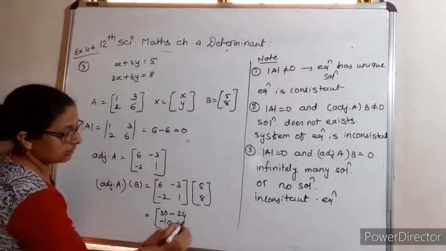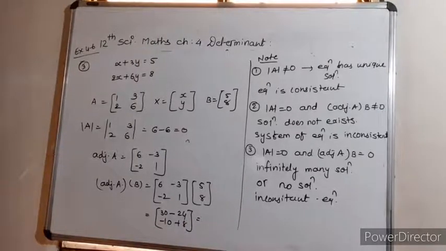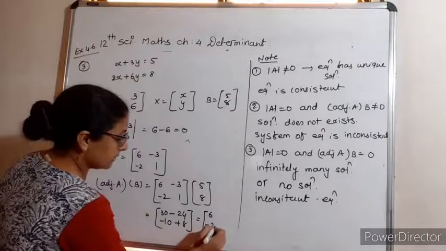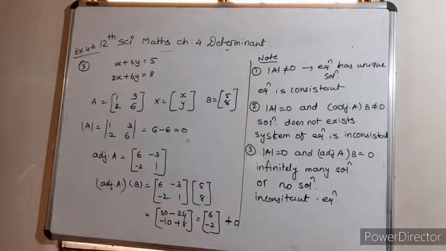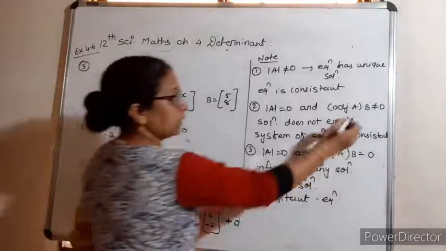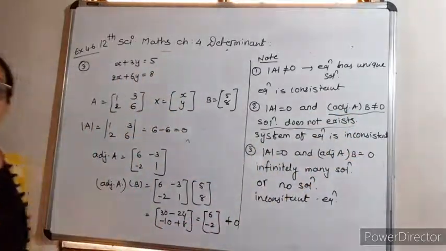Minus 10 plus 8. So you will get 6 and minus 2, which is not equal to 0, right? So that means adjoint of A into B is not equal to 0, then the solution does not exist.